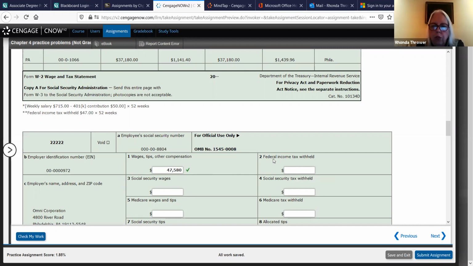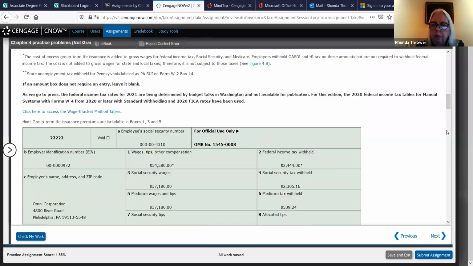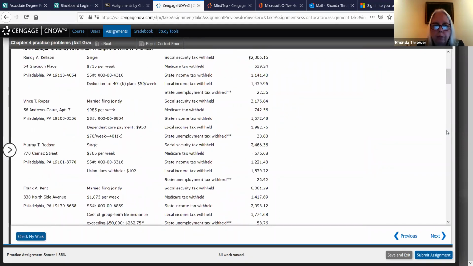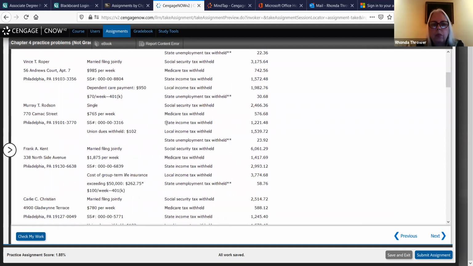On the next part, we're going to find the federal income tax withheld. Remember, we want to find the federal income tax for 1 week. Then we multiply it by 52 weeks to get the yearly amount that was withheld. So going back to our information for Vince Roper, 985 minus 70 is $915 that is subject to federal income tax per week.